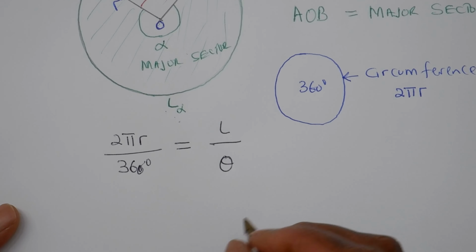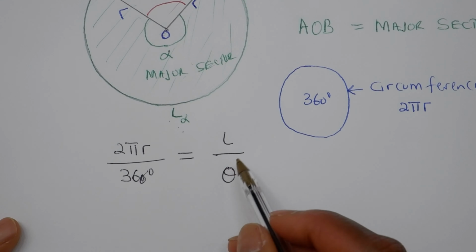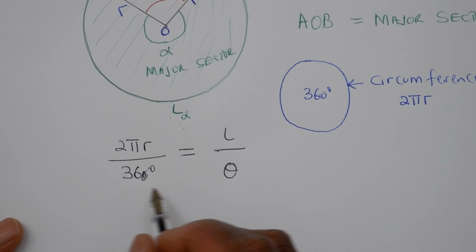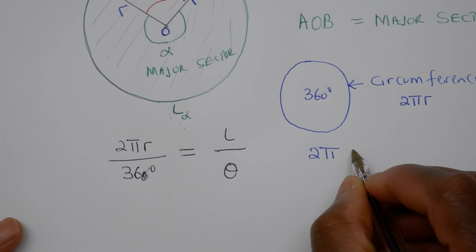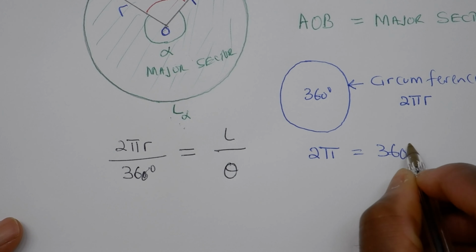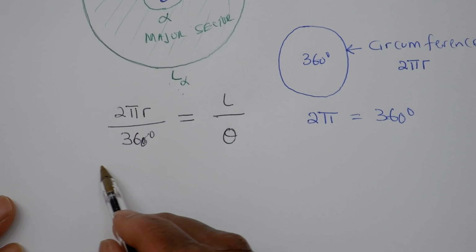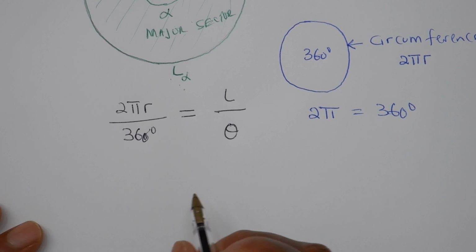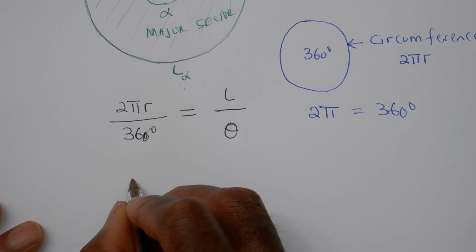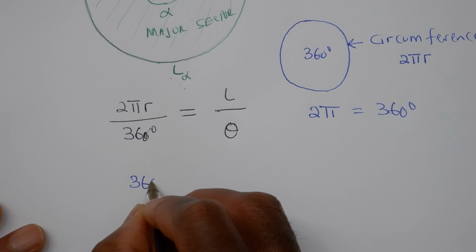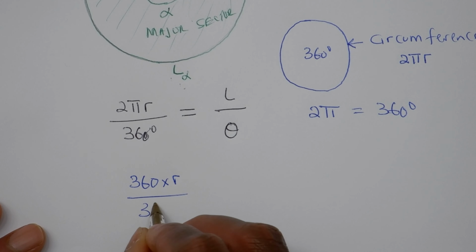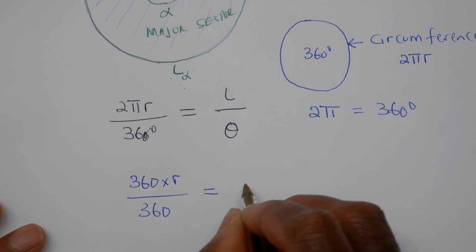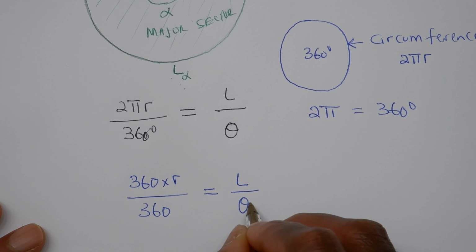Remember that 2 pi is equal to 360 degrees. So I can rewrite that: 360 times r over 360 is equal to L over theta.